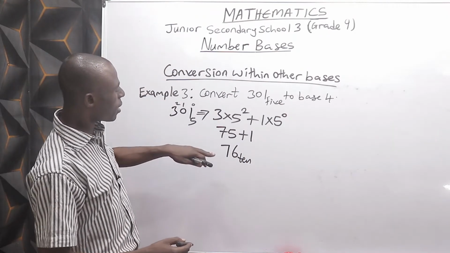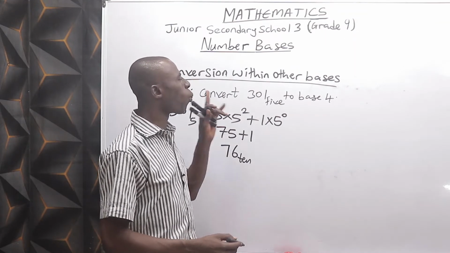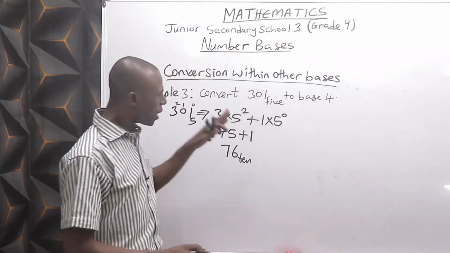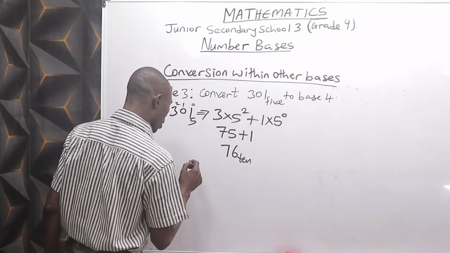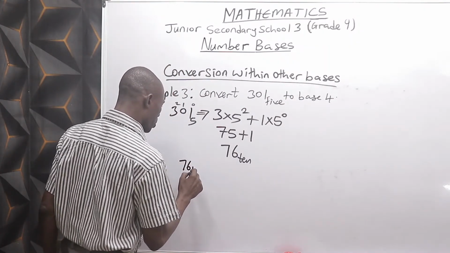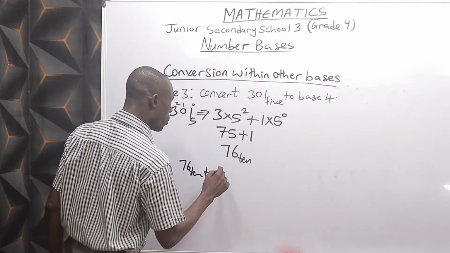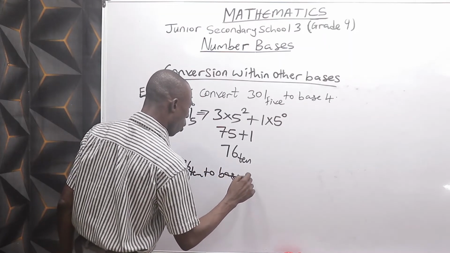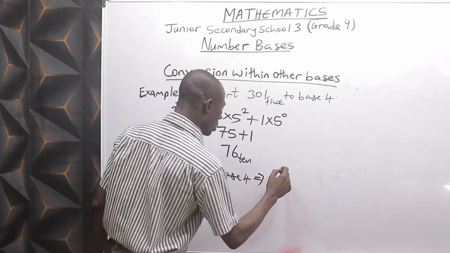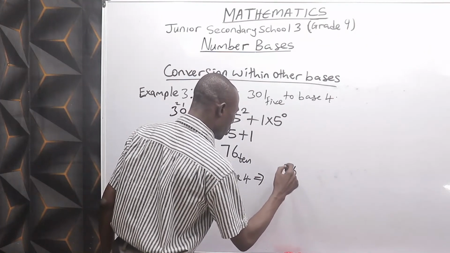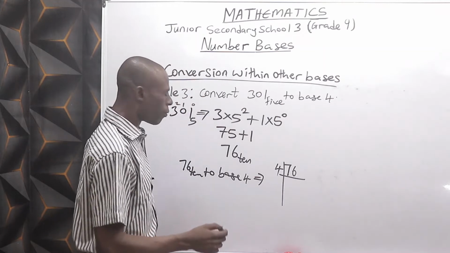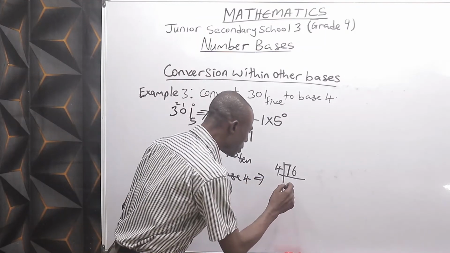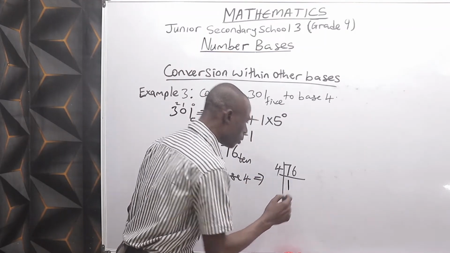We are now to convert this 76 base 10 to the required base. The required base here is base 4. So we have 76 base 10 to base 4 is, we write 76 divided by 4. So we have 4 in 7, that is 1.